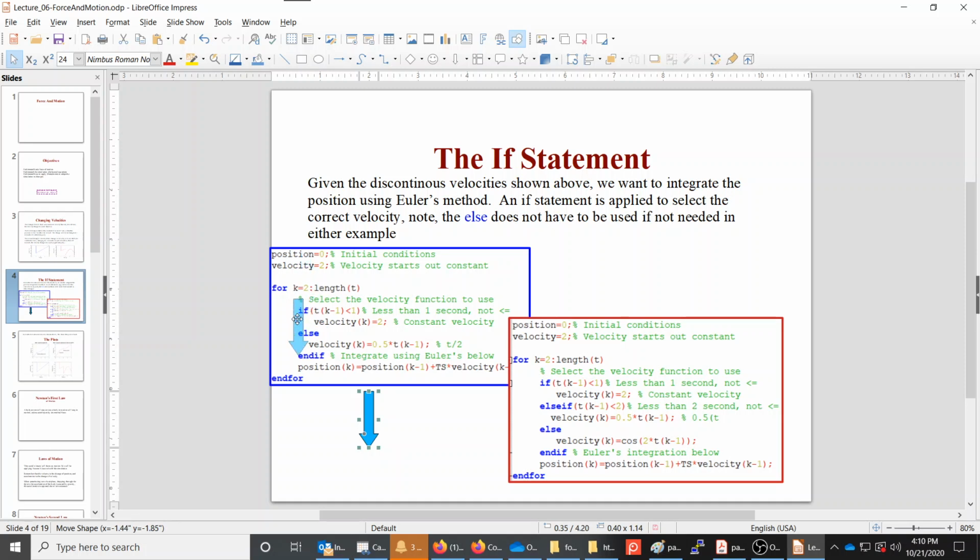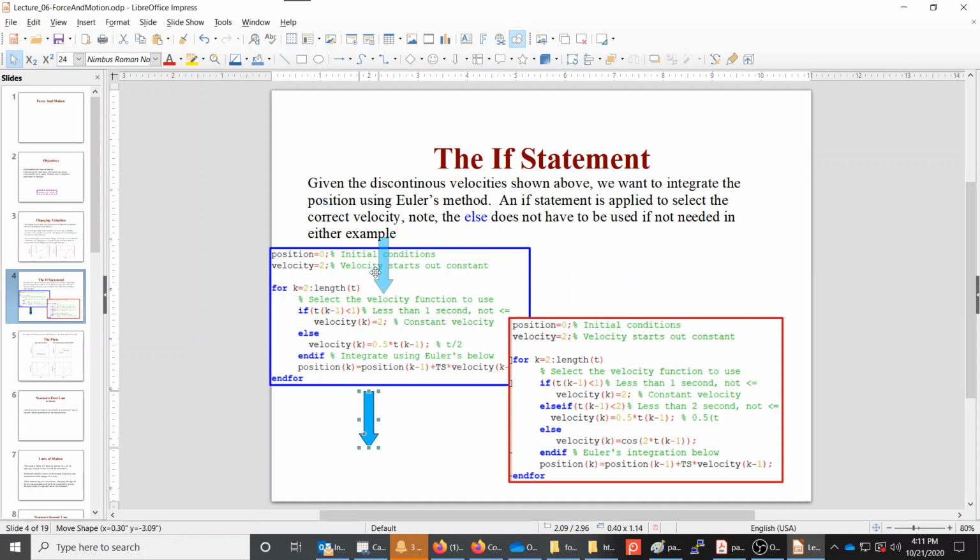You need to have the if and you need to have the end, but you don't technically have to have the word else here. So if you don't have an else and the if is false, then you just don't do anything. You just move on to the next line in the code. So if you can leave an else out, if you don't need it, then don't put it in there.